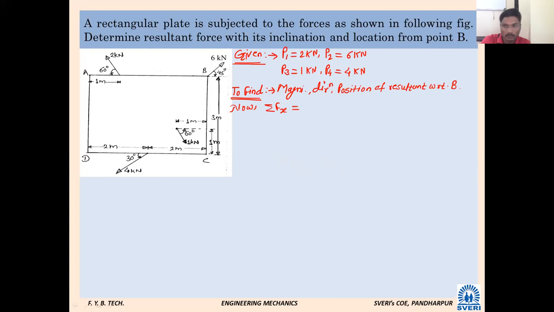P1 force 2 kilonewton. Okay, 2 kilonewton. What will be the X component? तुम्हाला जे वाटतंय ते सांगा. We will correct you. तुम्हाला जसं वाटतंय तसं सांगा. पांडुरंग. एक तर तुम्ही बोलत नाहीत किंवा तुमचा आवाज येत नाही. रिद्धी 46.